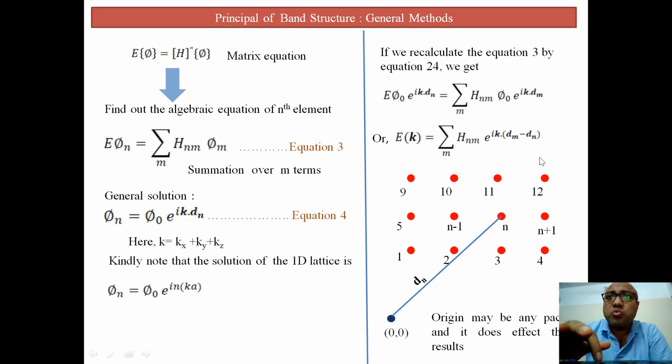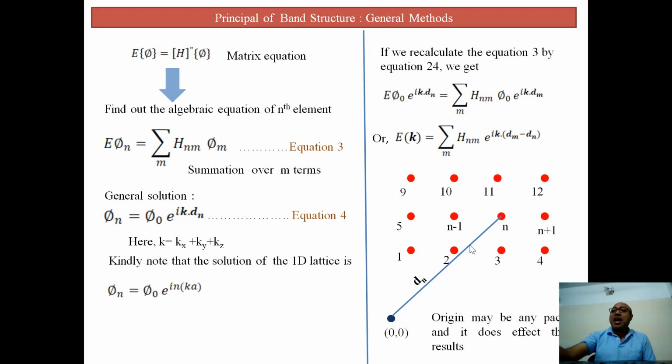Just consider that it's a two-dimensional crystal, where almost 12 lattice points are there, and assume any atom. Suppose it's the nth atom. What is the distance of this nth atom from the origin? That is called dn. Now you may ask, where is my origin? My answer is the origin may be anywhere. It doesn't matter.